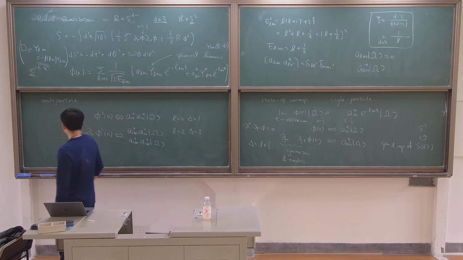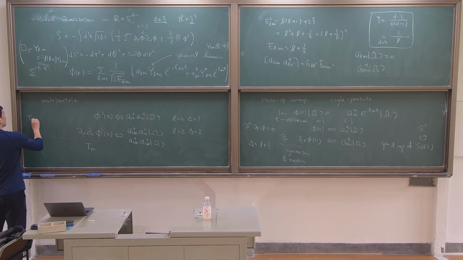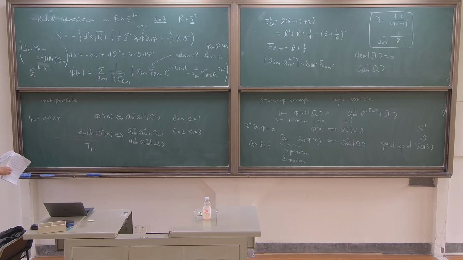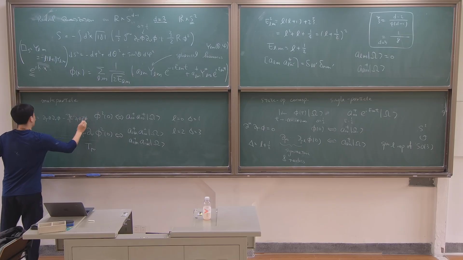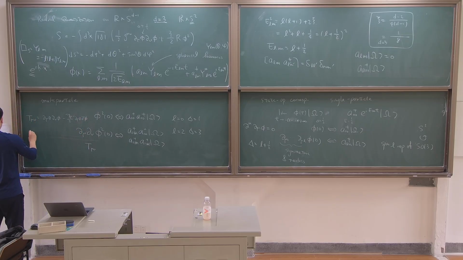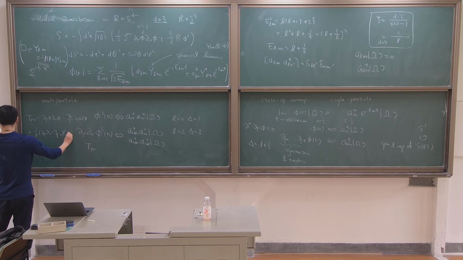If you recall, T_mu nu is something like partial_mu phi partial_nu phi, minus A_mu over 2 partial_mu partial_nu phi, and in addition to that you have something like plus 1/8 partial_mu partial_nu phi squared.